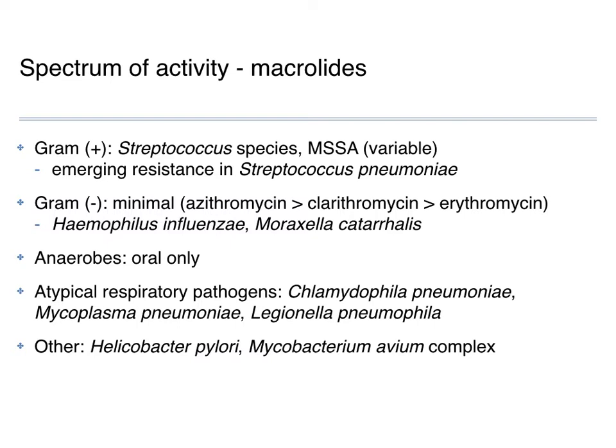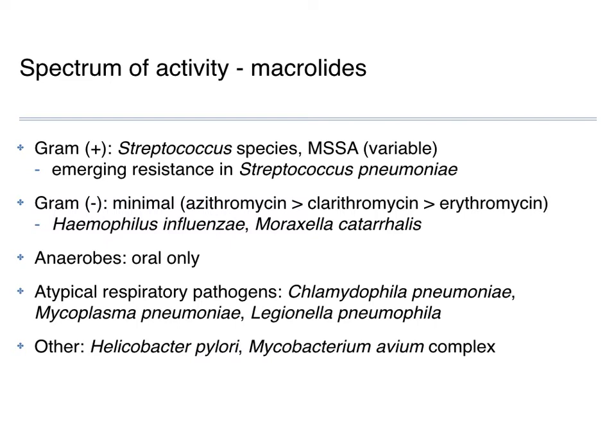Atypicals are a fairly common cause of things like pneumonia and other respiratory tract infections, so when we talk about pneumonia, which we'll do next week, I think, we tend to want drugs that include these atypicals in their spectrum of activity. As we'll see, these really are often used for respiratory tract infections, especially azithromycin and clarithromycin.